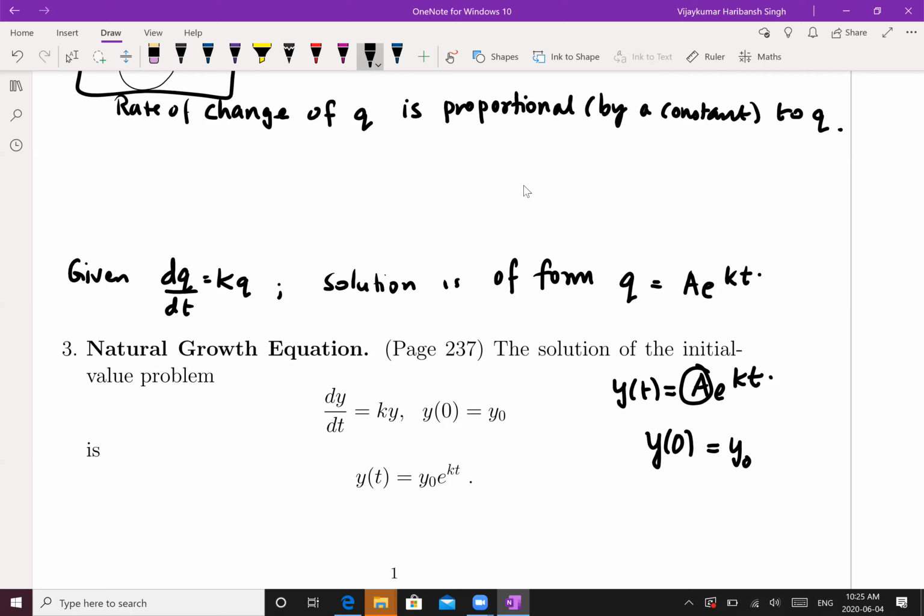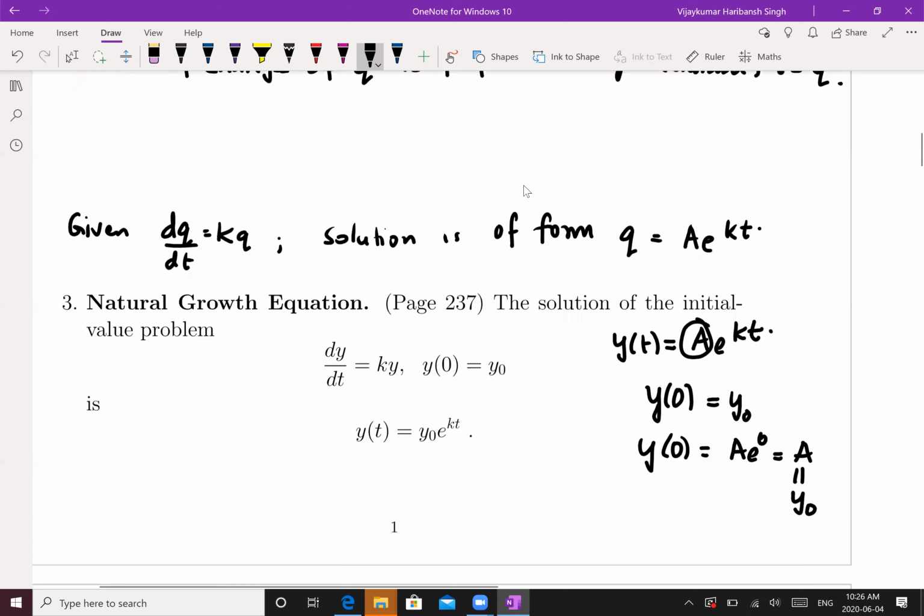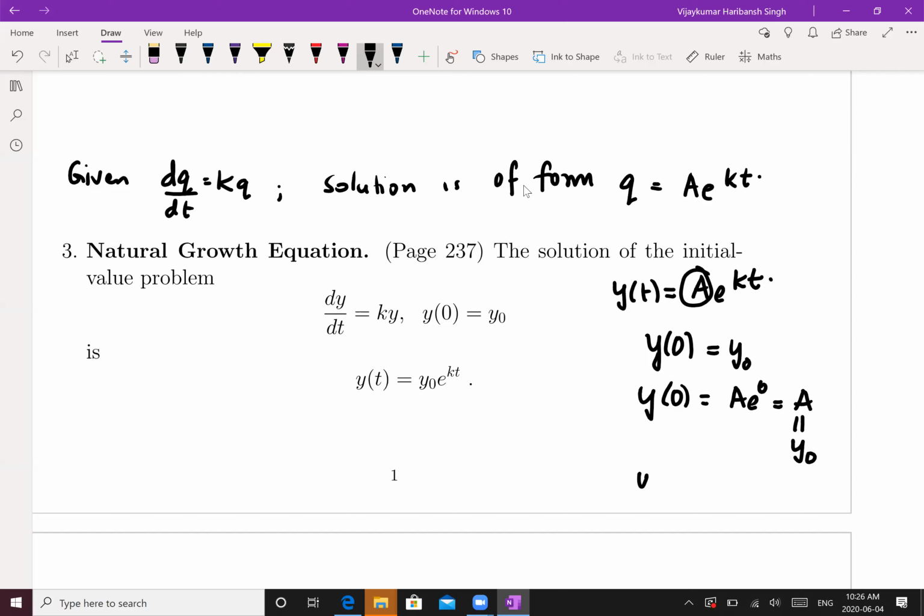So instead of t, if you plug in 0, you get y of 0 on one hand is a e to the power 0, which is a, and on the other hand, you're given that that is equal to y naught. So therefore, you can change your solution now to y of t equals y naught e to the power kt. Since you're given the value of y at some point, this is called an initial value problem.